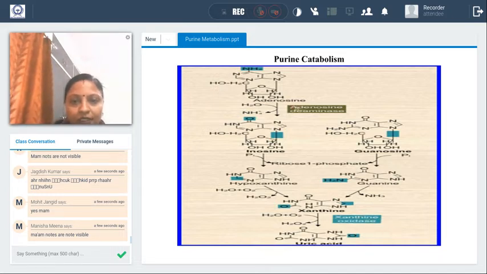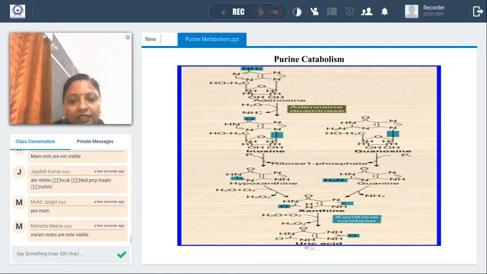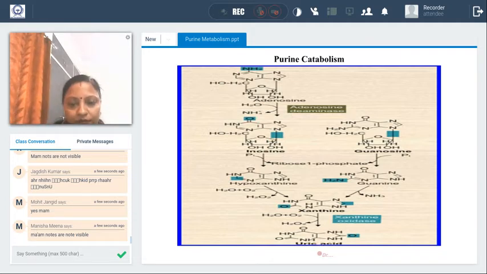So the whole process indicates the production, or ultimately the synthesis, of uric acid, which is the ultimate product of purine catabolism.